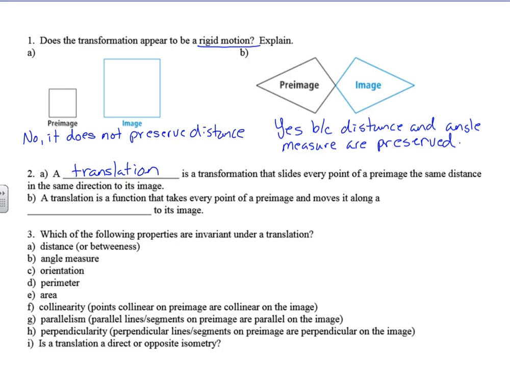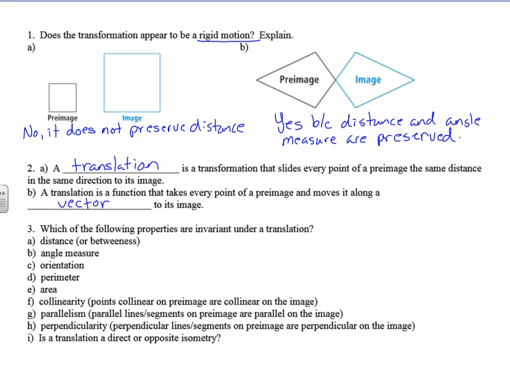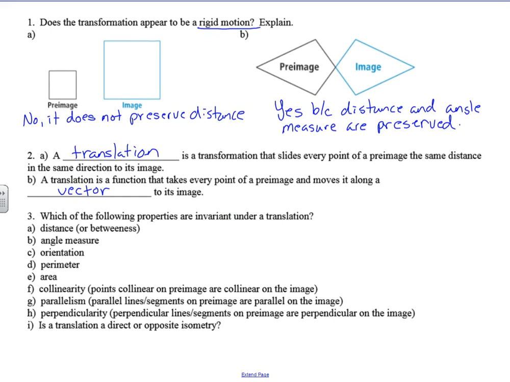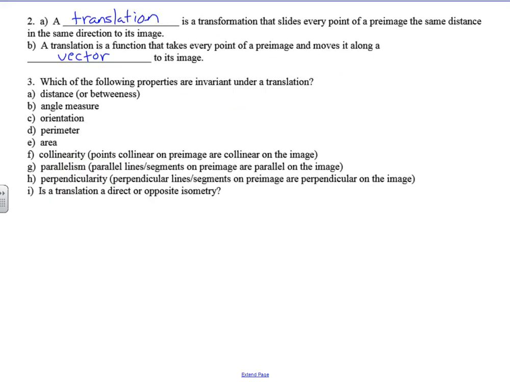A translation is a function that takes every point of a pre-image and moves it along a vector to its image. So which of the following properties are invariant under a translation? Well, that's a funny word. This showed up on the Regents exam a few years ago, and we hadn't introduced it before, so we said, whoa, we have to make sure we introduce that.